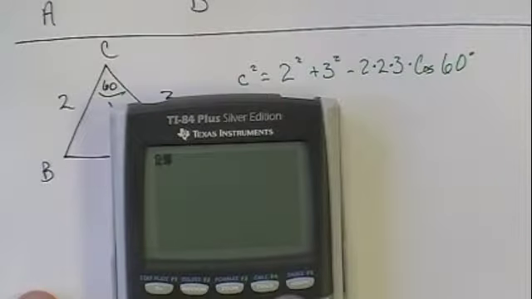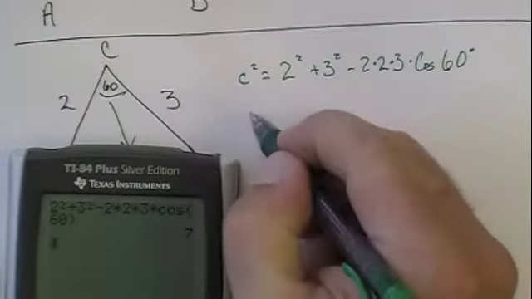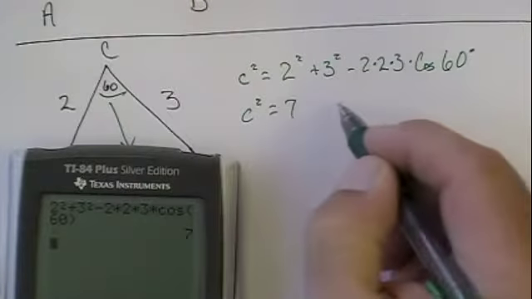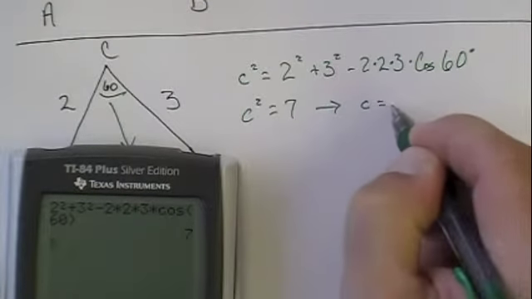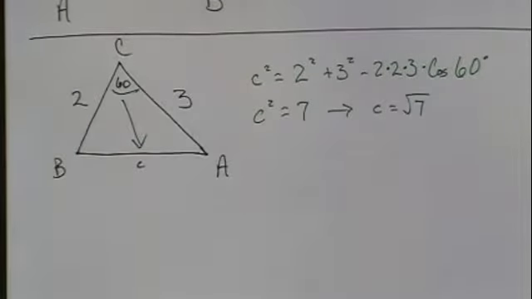So we have 2 squared plus 3 squared minus 2 times 3 times the cosine of 60 degrees. So C squared is 7, which means C is equal to the square root of 7.